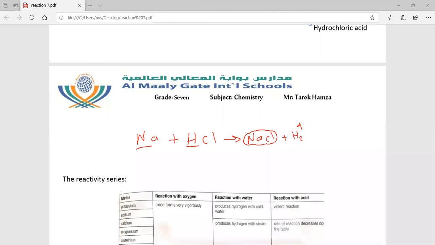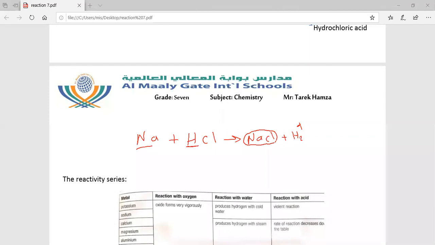Excuse me, mister. What will be the chemical reaction equation of copper and silver sulfate? You understand the displacement reaction? I will write the example now.